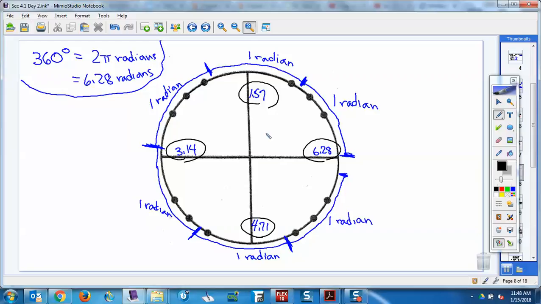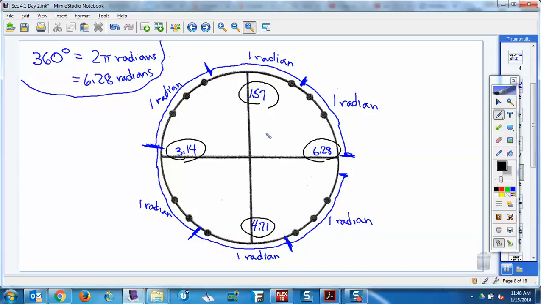So you take 6.28 times 57.3 degrees, that'd be 360 degrees. Okay? All right, so as we go around the circle, that's just another way to measure this rotation.